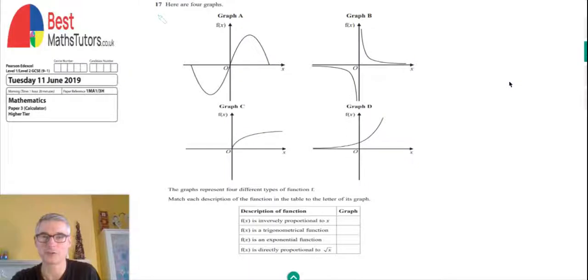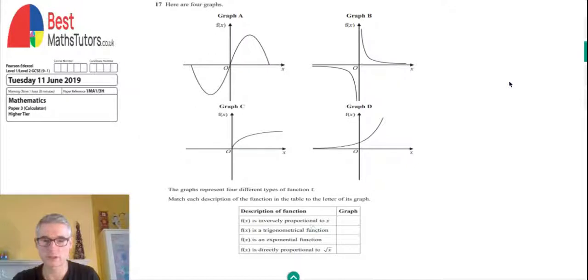So it's question 17, which is a question about graphs, and it's about recognizing different types of graphs. I'm going to go through each one in turn and try and explain how we know which one of these graphs it is.